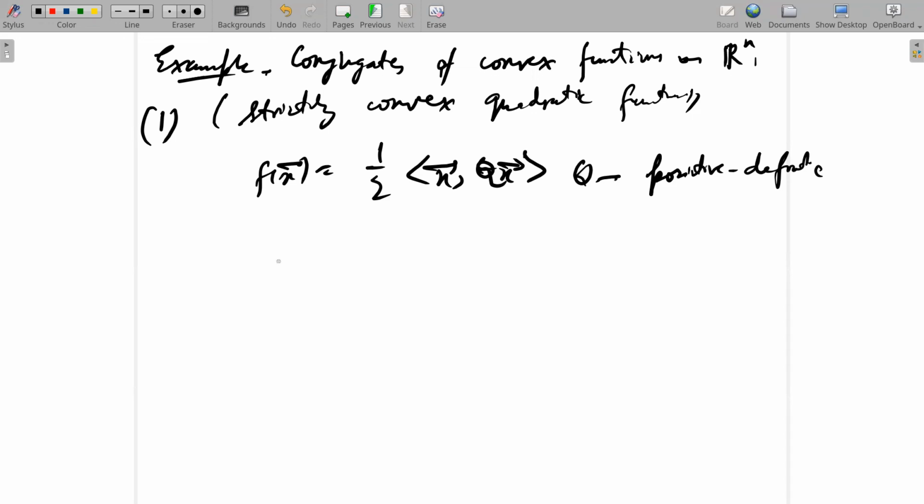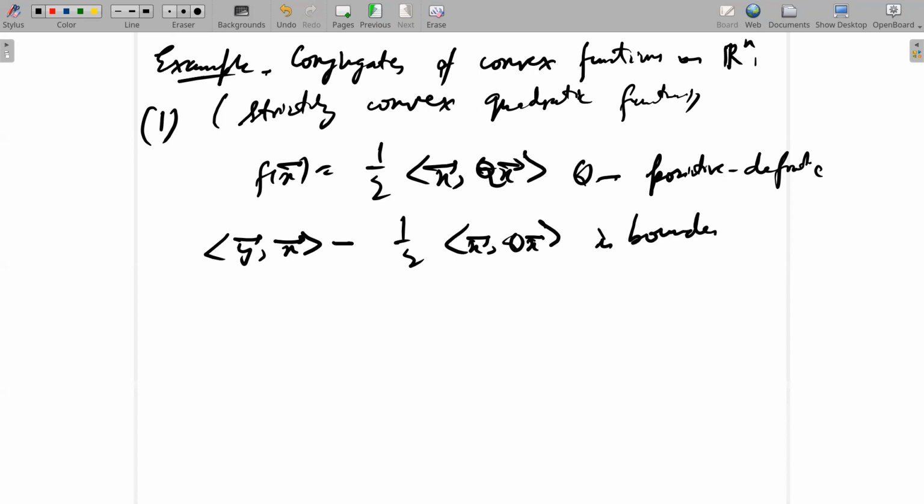So for this, if we are trying to optimize this, half x Q x, now this is bounded above as a function of x for all y.